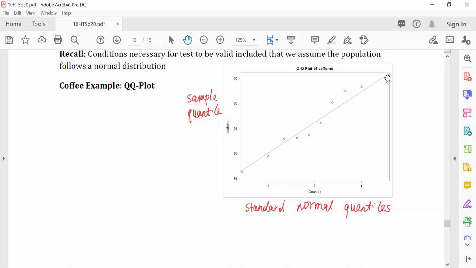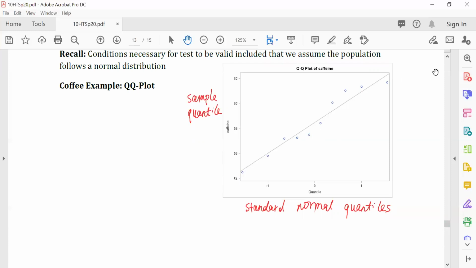Thus, we can use it to check whether your population follows a normal distribution or not. This is the QQ plot of the coffee example we have seen. Looking at this plot, you would say, yes, it is reasonable to believe all those dots follow an upward sloping line.